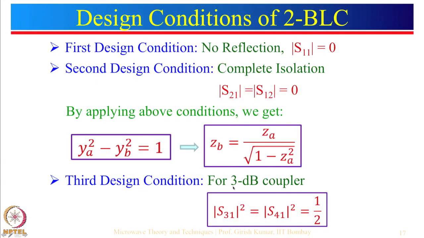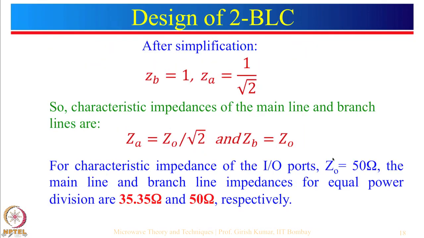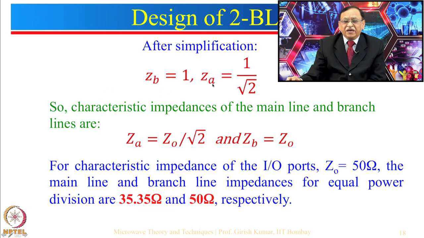So, here is the condition for a 3 dB coupler, that means the power will be given equally to the two output ports. So, S31 square is equal to S41 square equal to half, and if you put this condition and simplify, what do we get? Zb is equal to 1 and Za is equal to 1 by square root 2.